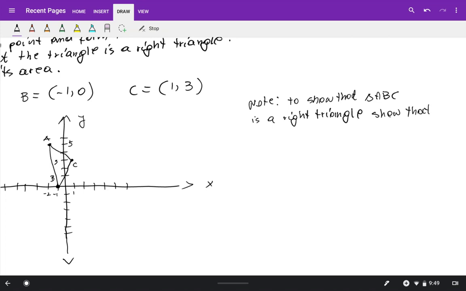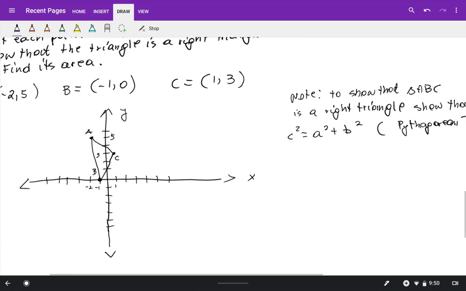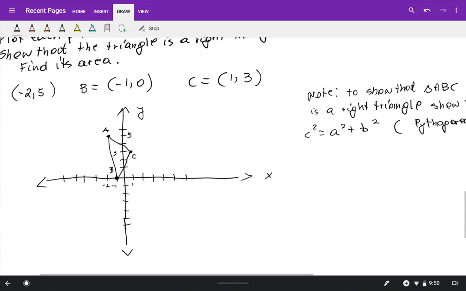So we're going to show that c squared, which is the longest side of the triangle, is equal to a squared plus b squared. This is the Pythagorean theorem, and that only works for the right triangle. So let me start labeling.